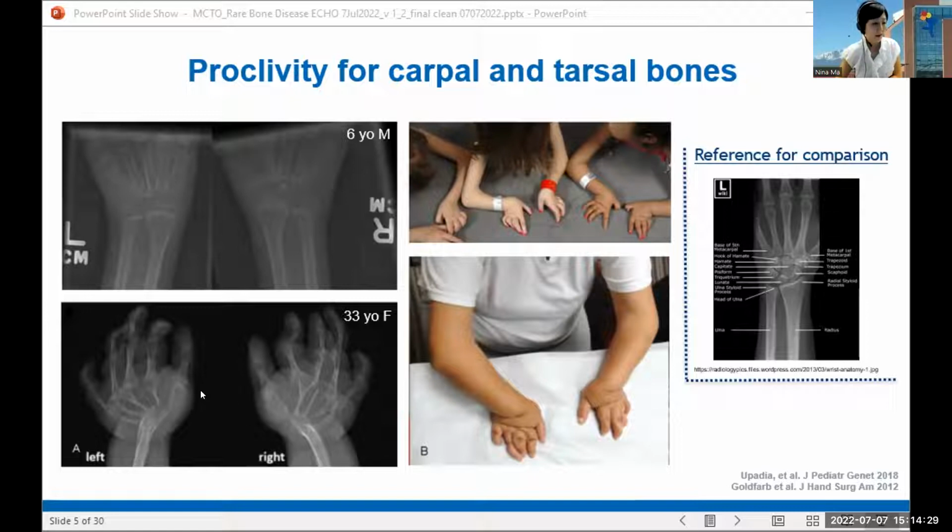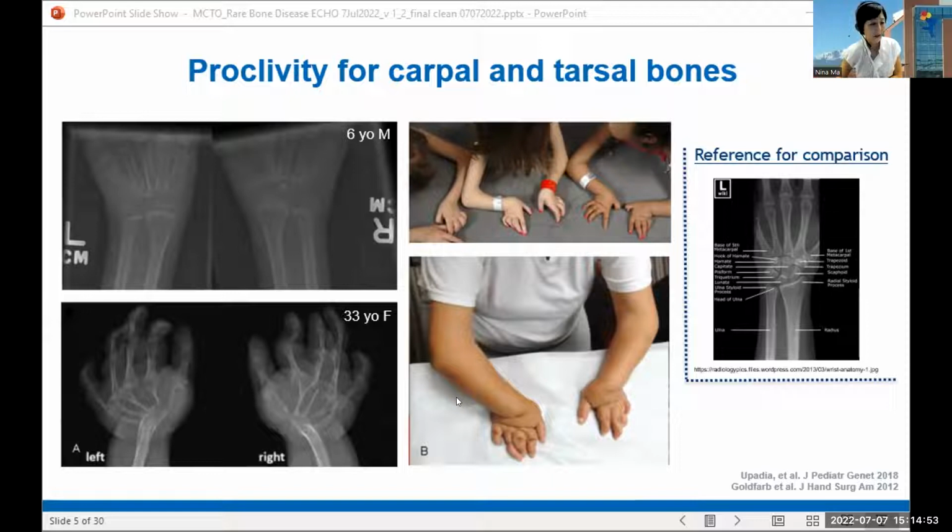She also demonstrates a penciling of the proximal metacarpals, which can frequently be seen in patients with MCTO. And this is also referred to as a sucked candy appearance of the proximal metacarpals. This patient also demonstrates pretty significant osteolytic changes of the distal radius and the distal ulna.